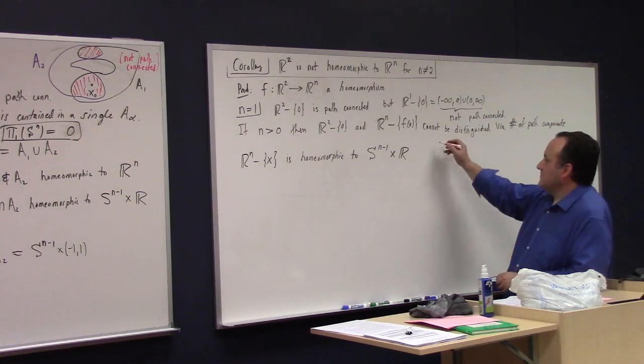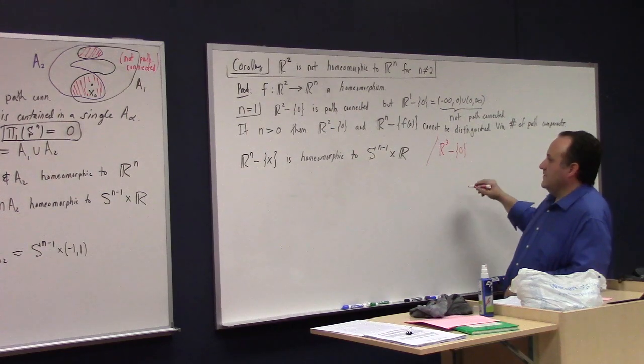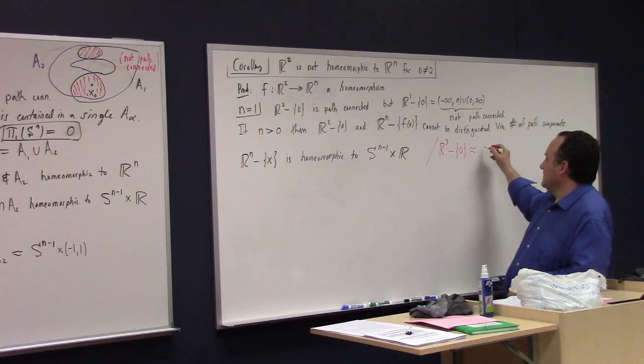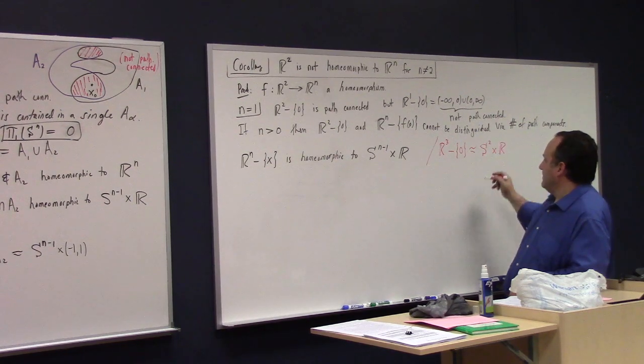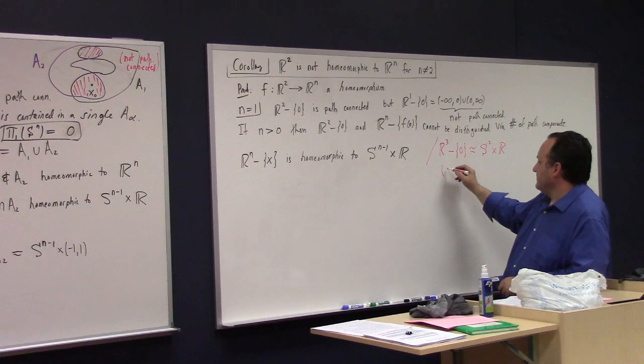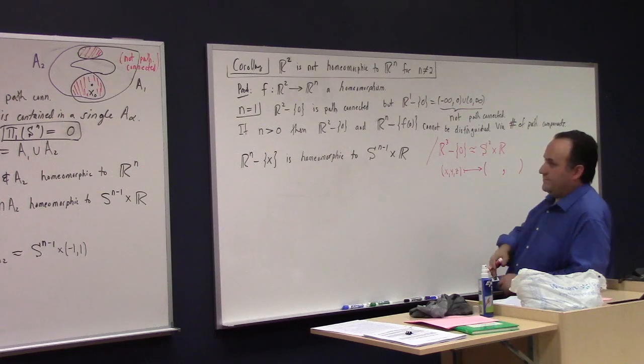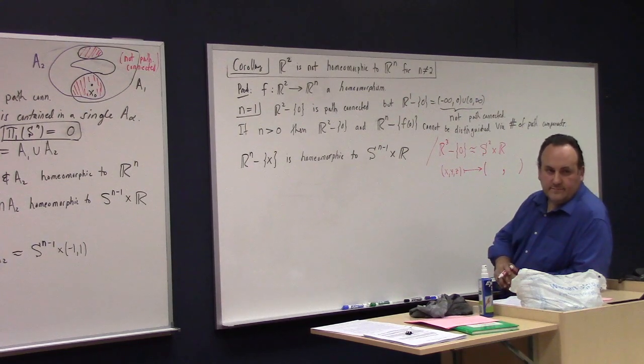Let's do it for R3. Why is R3 with a point removed, let's make the point the origin just for the sake of specificity, why is this homeomorphic to the two-sphere times the reals? What's the homeomorphism? How about this?